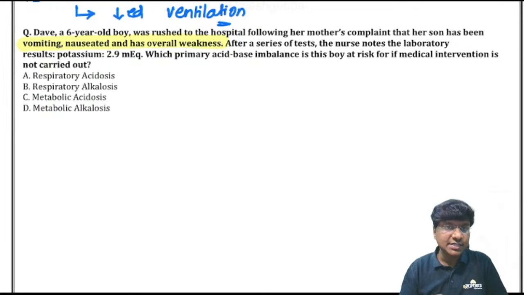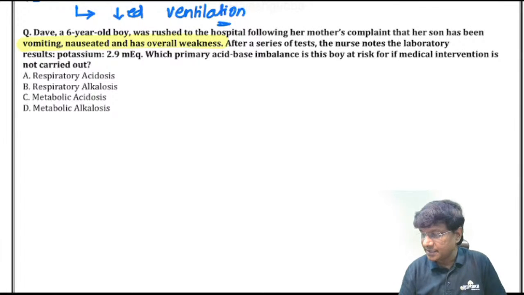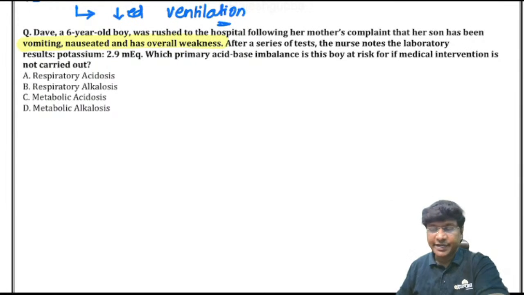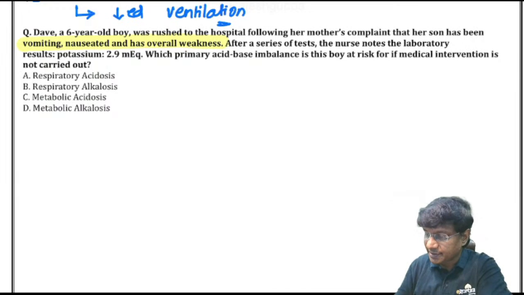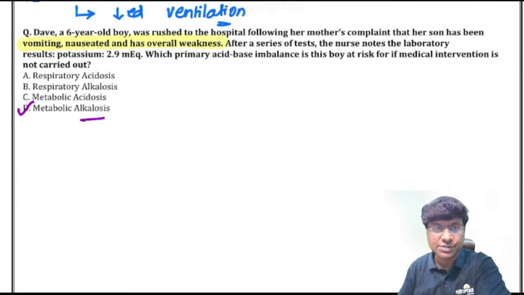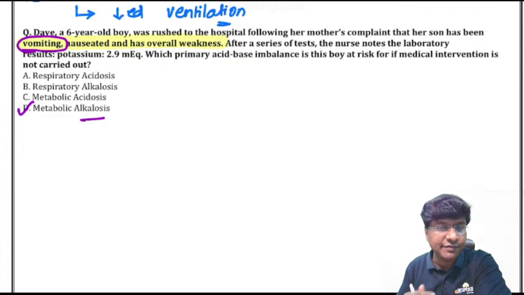So what is a very important point in this question? We have answers coming up as C as well as D. Very good, Sangeeta, the answer is metabolic alkalosis. Why? Because the 6-year-old boy complains of vomiting, because of which there is overall weakness.